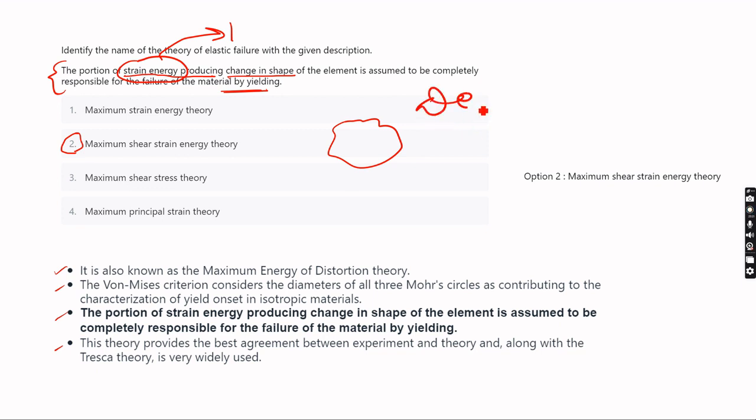One is the deviatoric component, and the other is hydrostatic. I have already told you the meaning of hydrostatic and deviatoric. I will be happy if you tell me the meaning of this.